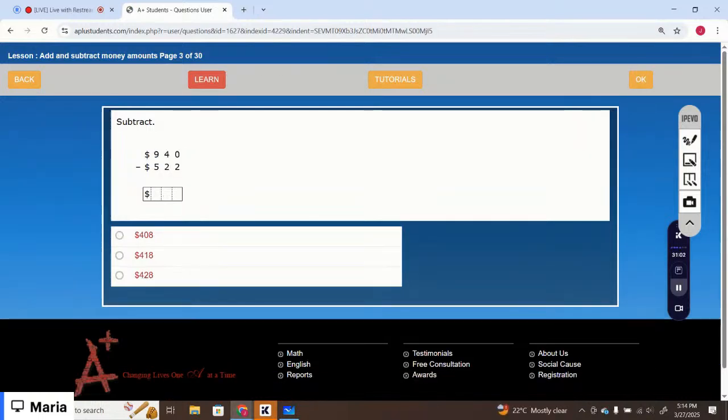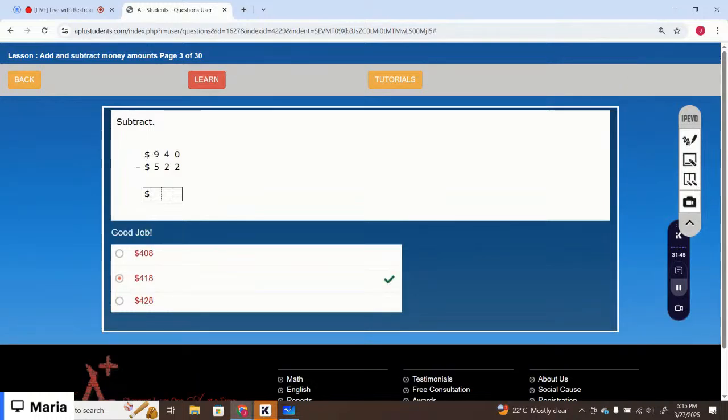Okay, 940 minus 522, which is the correct option? Option number two is the correct option.